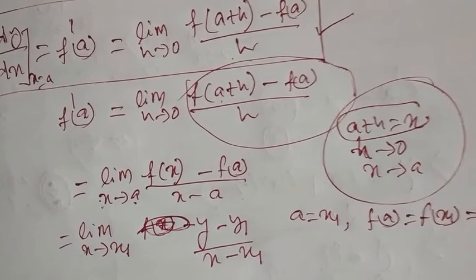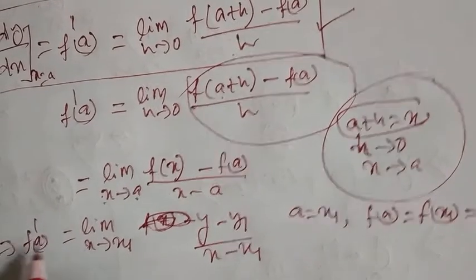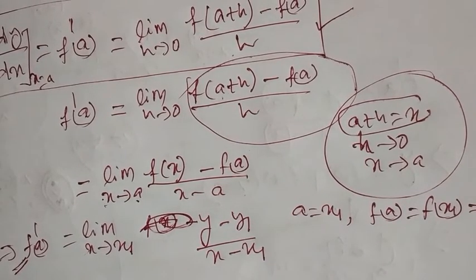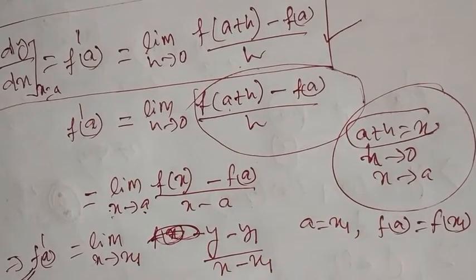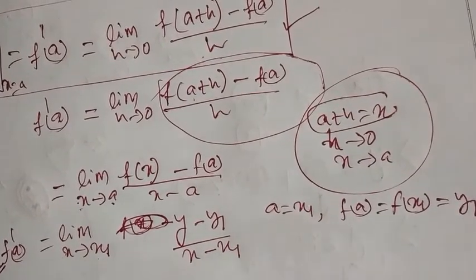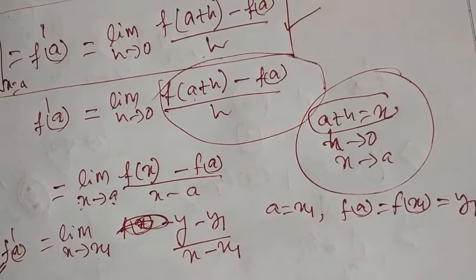In this situation, this f dash a is nothing but the slope of the tangent we have read in class 11. I write m for the slope of the tangent. So when I make x sufficiently close to x1, where x1 is a, this limit exists, meaning x may be on the left side or right side, and both limits are equal.